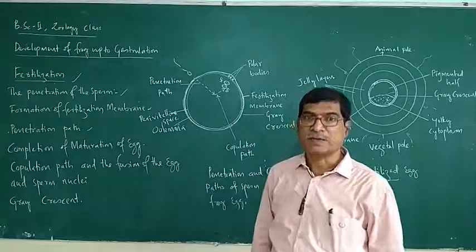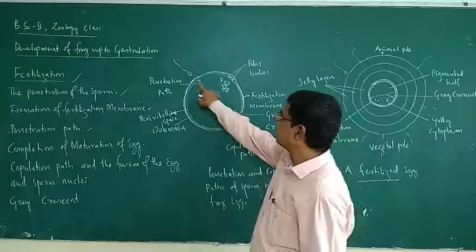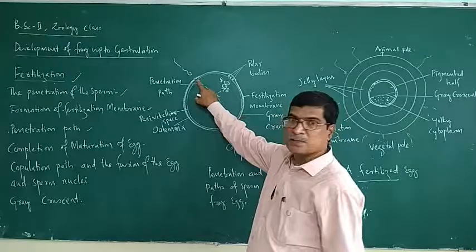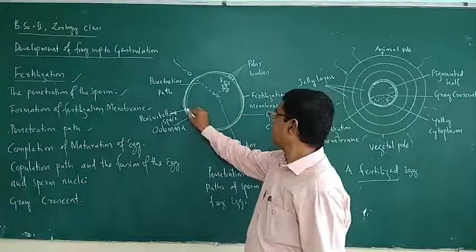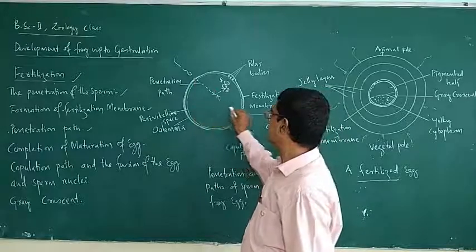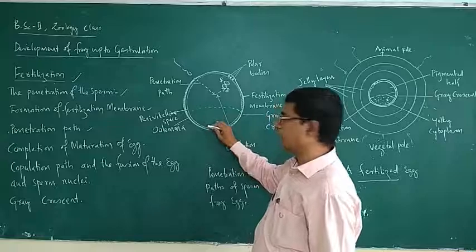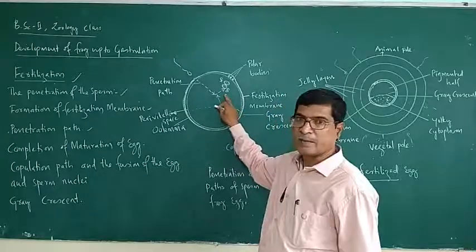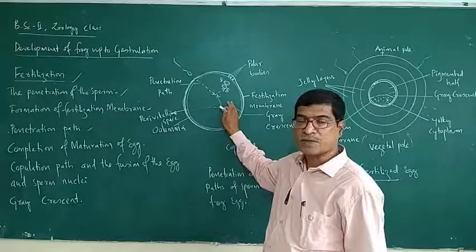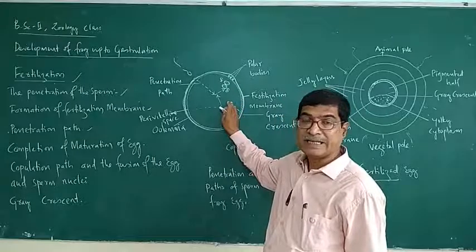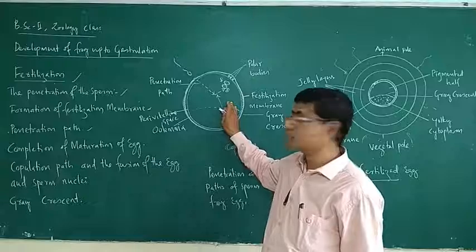As a result, opposite to the sperm penetration here, see, look here. This is the animal and vegetal hemisphere. This is the animal hemisphere, dark in color because of the presence of pigmented granules.